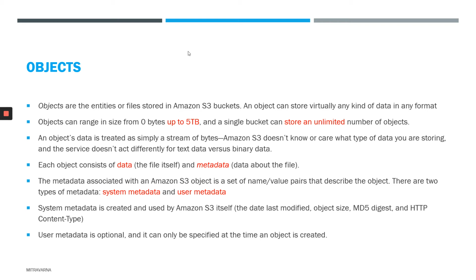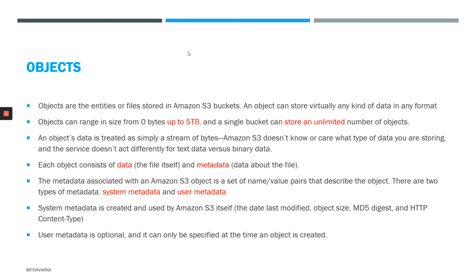Each object consists of data and metadata. Data is nothing but the file itself, and the metadata is data about the file, like the size of the file, when it was created and the last modified date. All this information will be available. The metadata associated with an Amazon S3 object is a set of name value pairs that describes the object. There are two types of metadata: system metadata and user metadata.